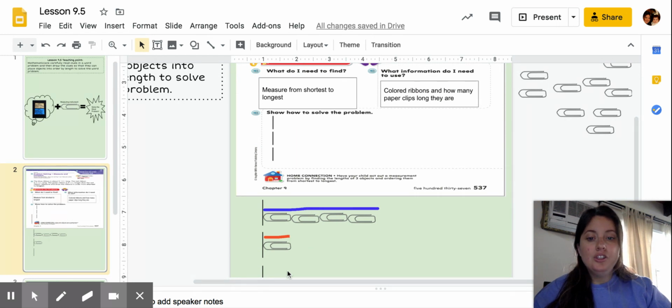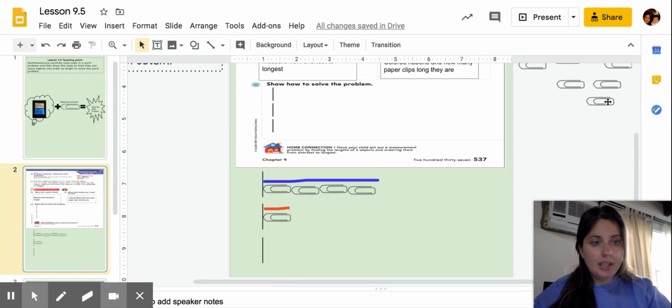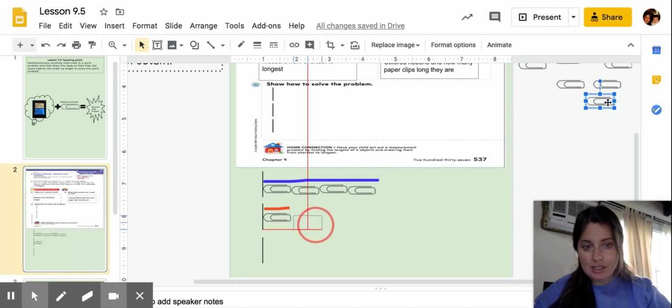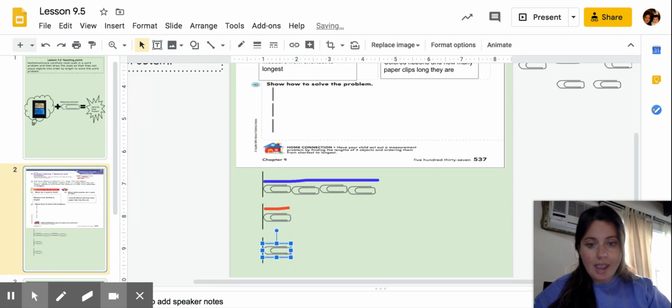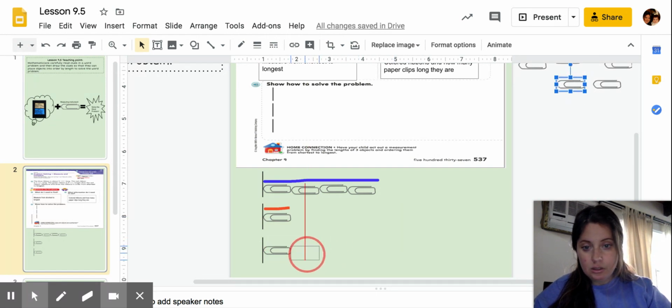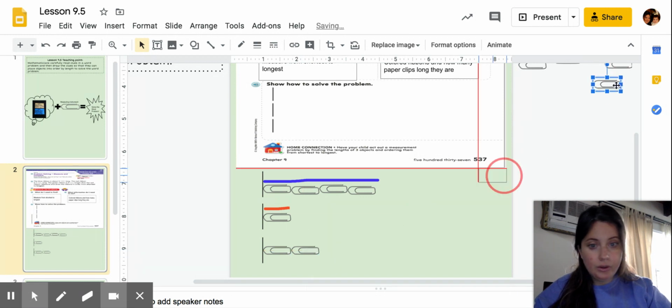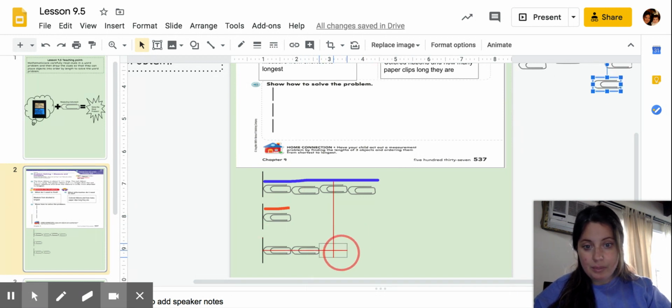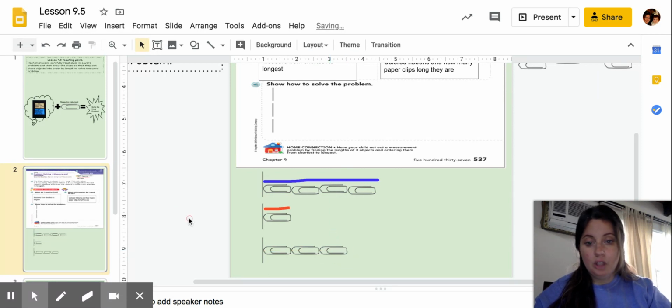I have to do this amount of red plus 2 more to show how big green is. So this will represent the 1 paper clip for the red, and then I'm going to do 2 more. So 1, 2, 3. That must mean that green is 3 paper clips long.